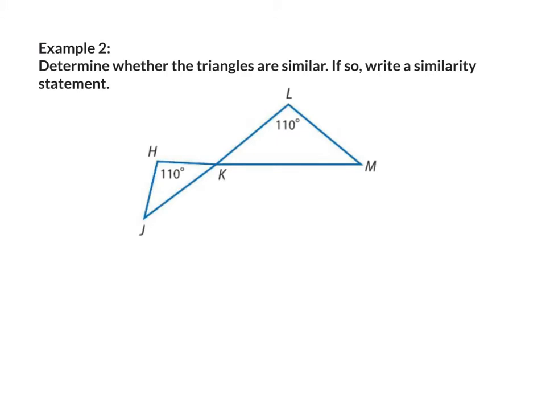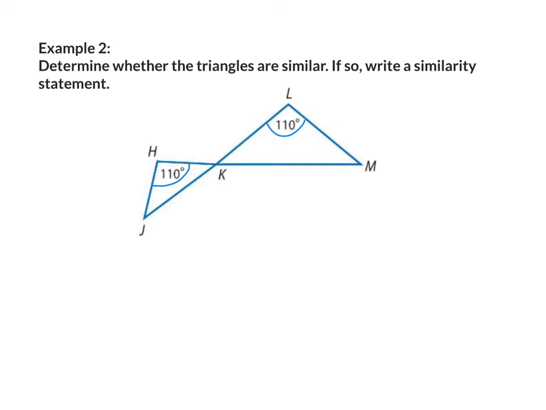Example number 2. Determine whether the triangles are similar. If so, write a similarity statement. I notice that angle L is 110 degrees, and angle H is also 110 degrees. They are the same. That means they are congruent.